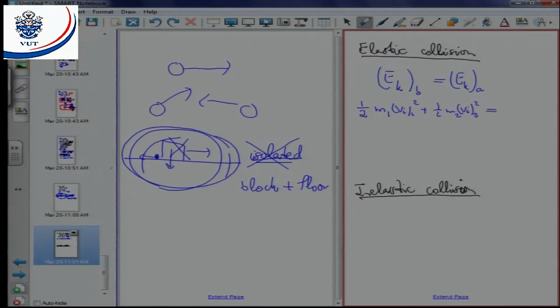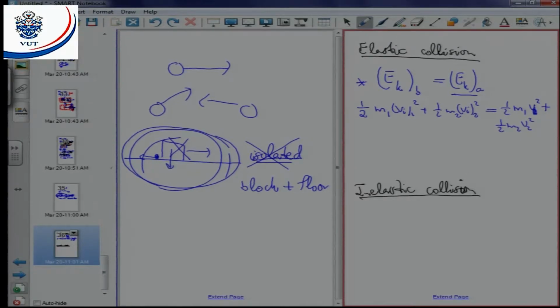This is equal to the kinetic energy after, which is 1/2 the mass of particle 1 times the final speed of particle 1 squared, plus 1/2 the mass of particle 2 times the final speed of particle 2 squared. Okay, so that's the first thing that you have in an elastic collision.